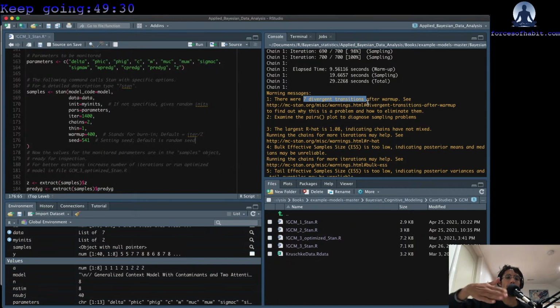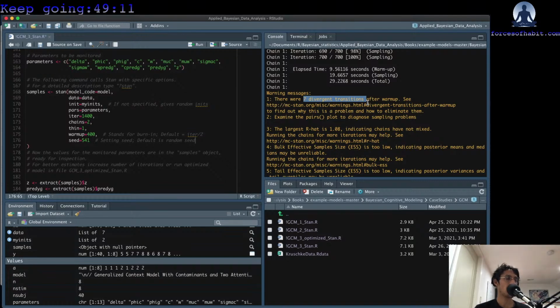They were not tight enough predictions. This is something that's spoken about if you read a little about Hamiltonian Monte Carlo procedures. One of the dangers of the algorithm is these divergent transitions.